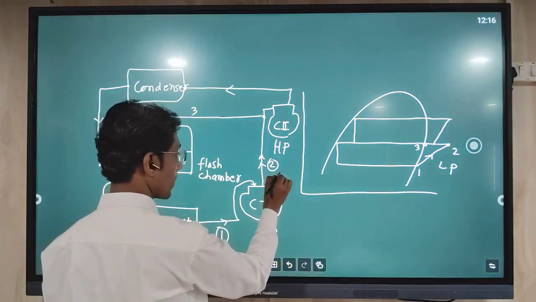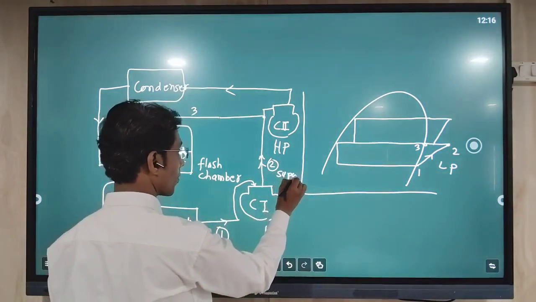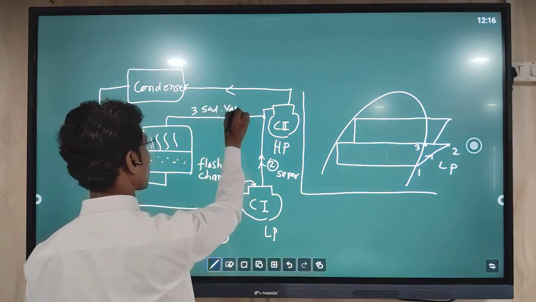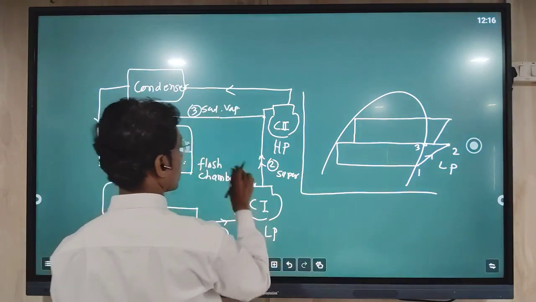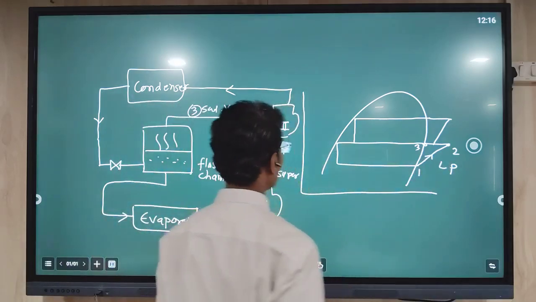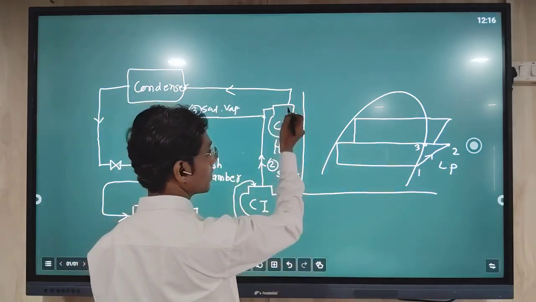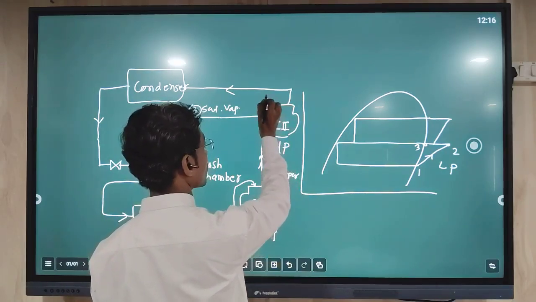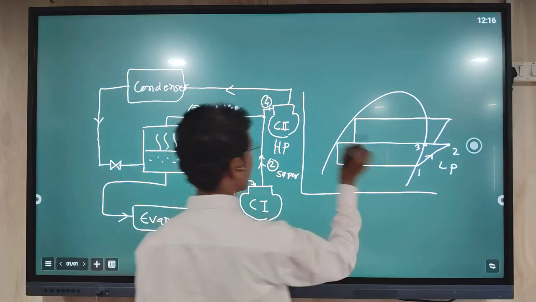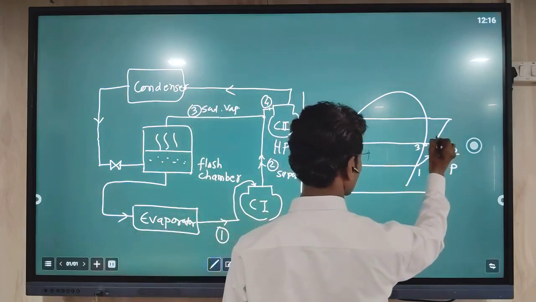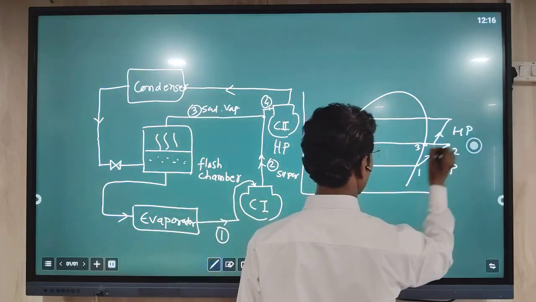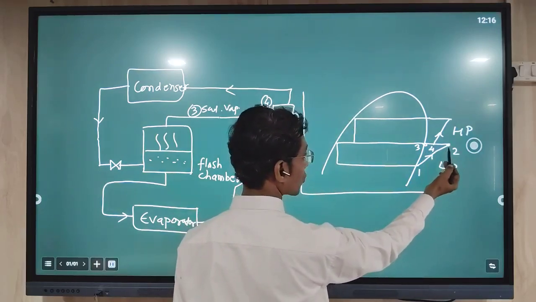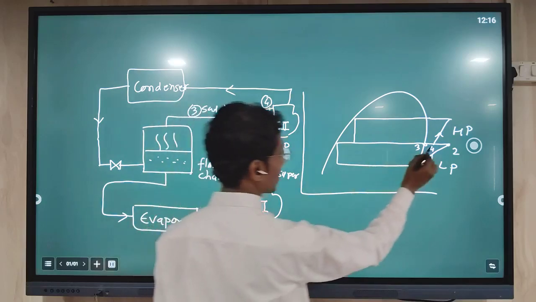So this superheated vapor and this saturated vapor, 2 and 3, will be mixed, and then go to the compressor. The condition of the vapor which is passing to the next compressor will come between point number 2 and 3.